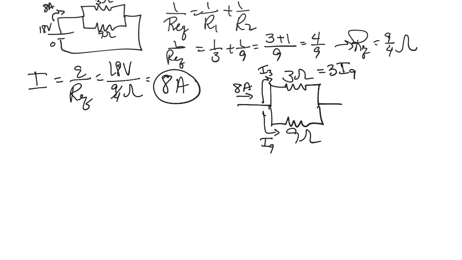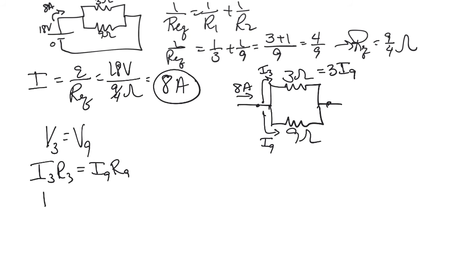So there's a couple of different ways to figure out the actual amount of charge, or the amount of current. So you could say they have the same voltage across them, right? So V across 3 is equal to the V across the 9. So that's I going through the 3 times the R of the 3, and that's I of the 9, R of the 9.